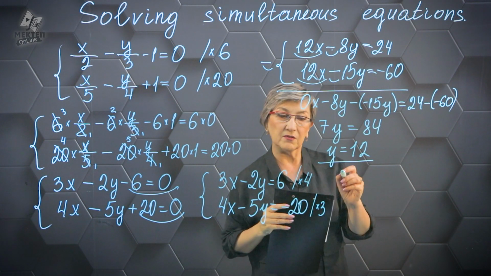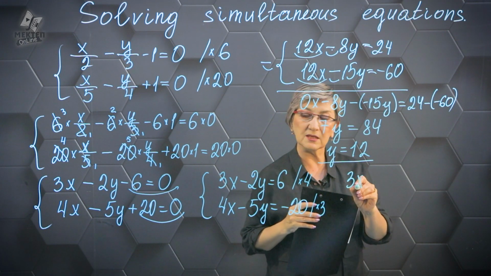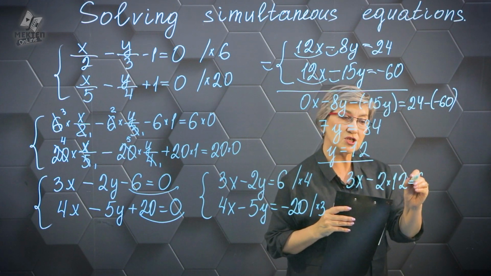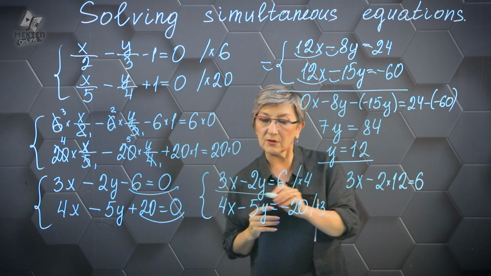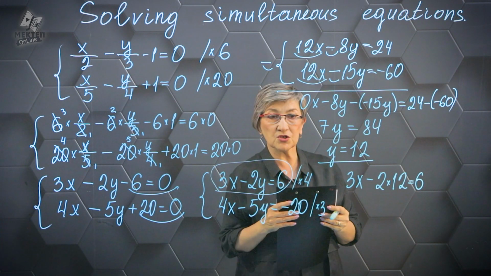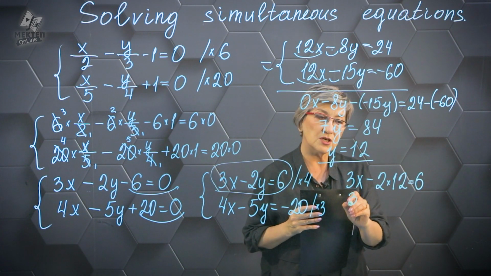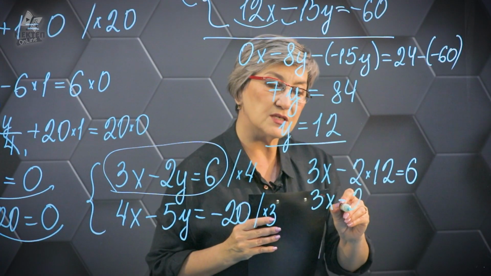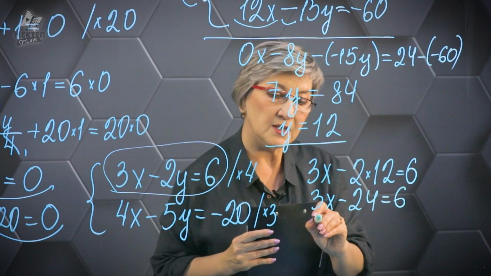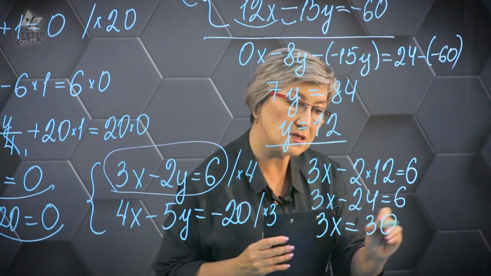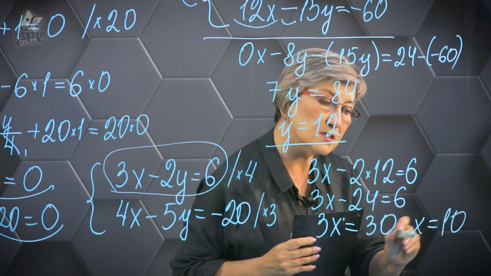Let's plug the value of y into the first equation. 3x minus 2 multiplied by 12 equals 6. You can choose any equation to substitute into. Let's determine the value. 3x minus 24 equals 6. 3x equals 6 plus 24 on the right side. This is 30. And then x equals 10.